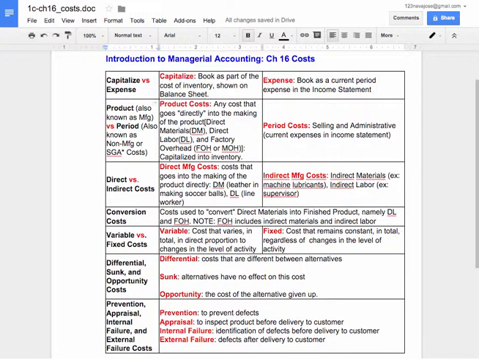Next would be the difference between variable and fixed costs. Variable costs vary in direct proportion with the changes in the production of units. So when you go from unit 1 to unit 2, or from unit 150 to 151, the variable cost will move proportionately. And if that happens, then it will be actually variable. Fixed costs, on the other hand, don't change from one unit to the other. They may change at certain points, but it's more of a step process, a long step.